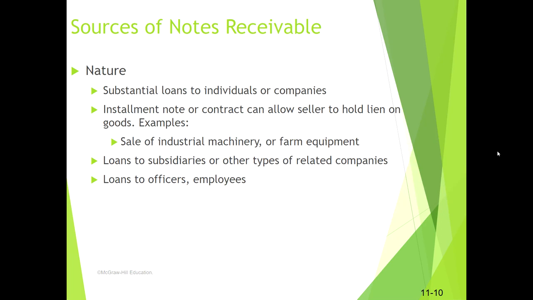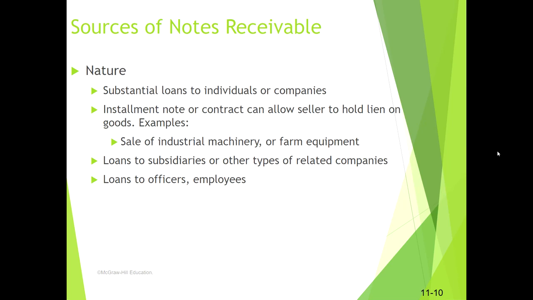And when I say us, I mean they might give our client a note in return. And so our client then has this receivable, and oftentimes it'll have a term on it. Oftentimes there's interest related to it. And so that's another source of a receivable.